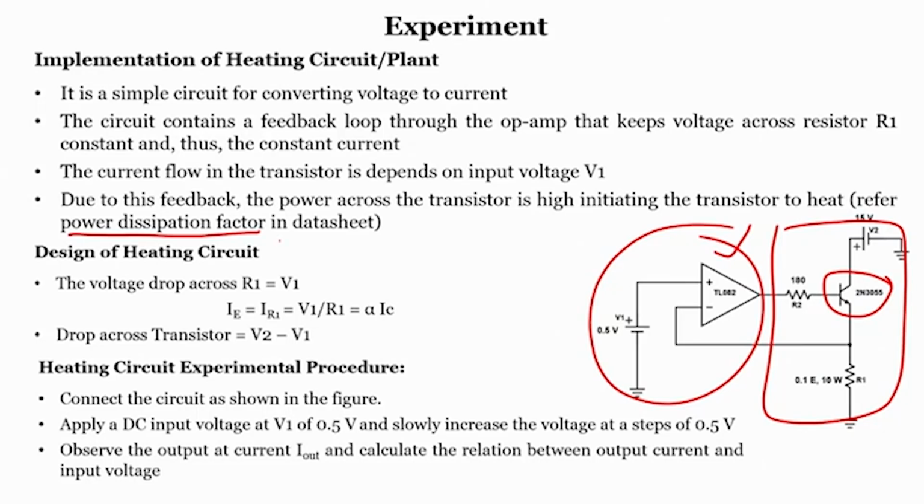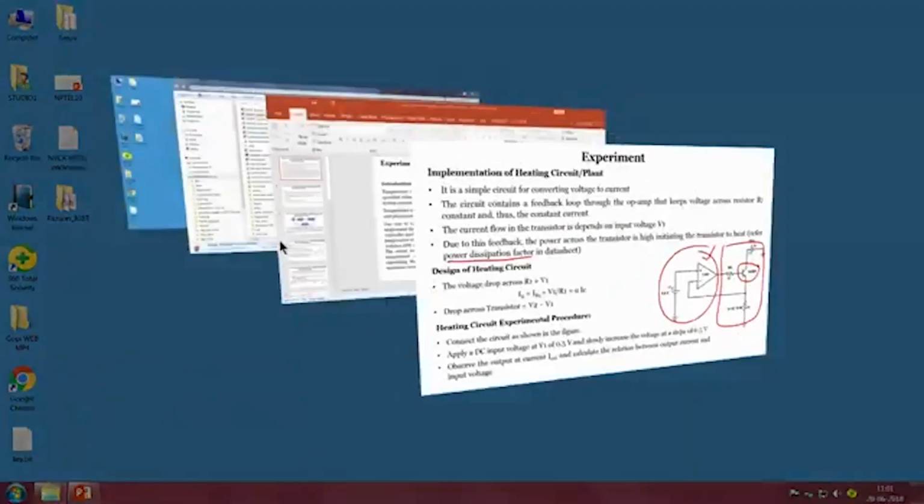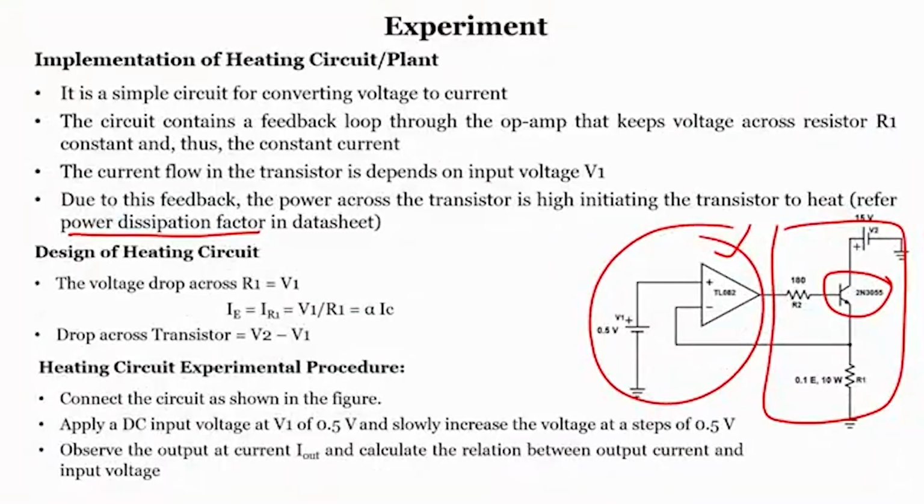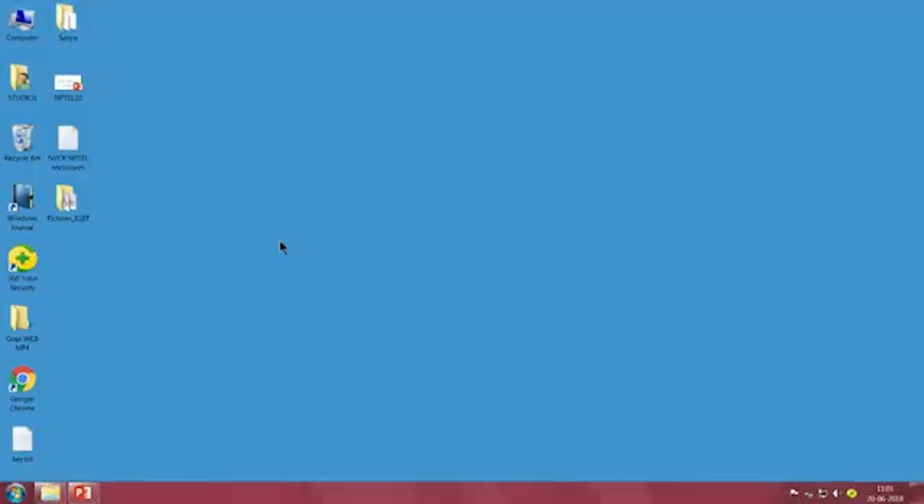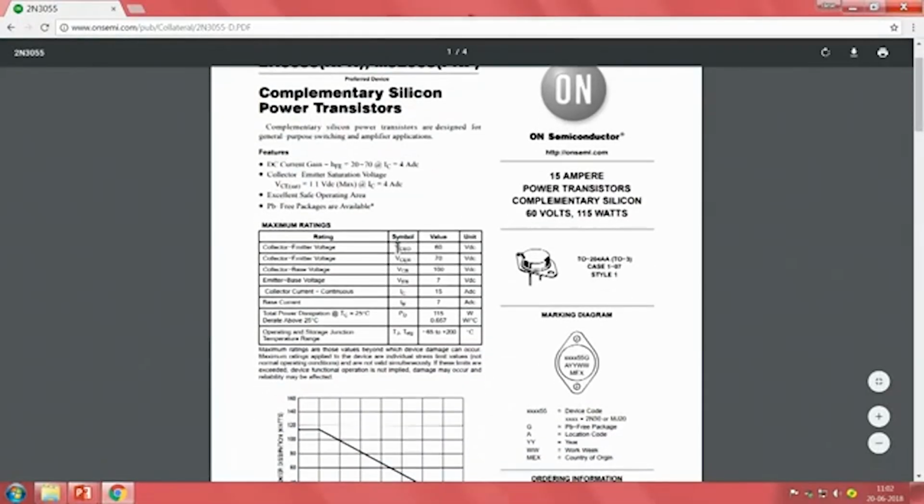So, let me open the data sheet and look at the power dissipation factor.